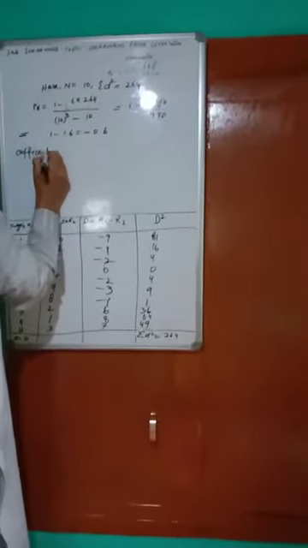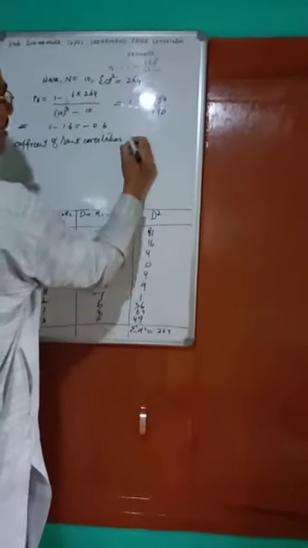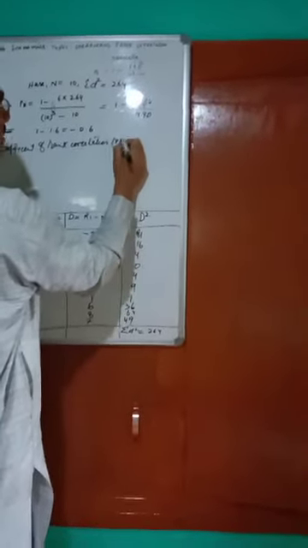Now we write the coefficient of rank correlation: Rk is equal to minus 0.6.